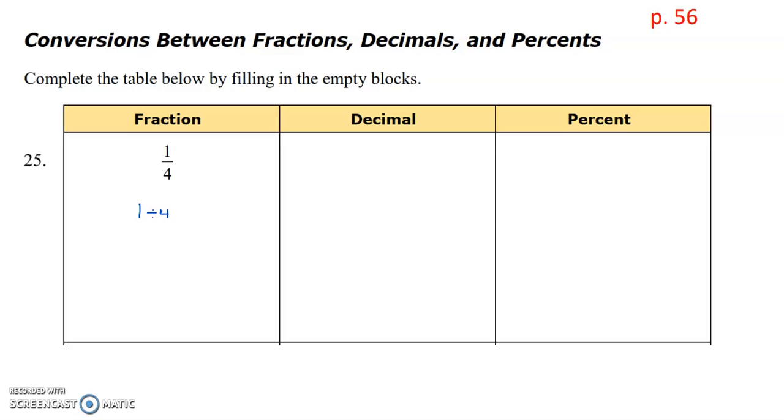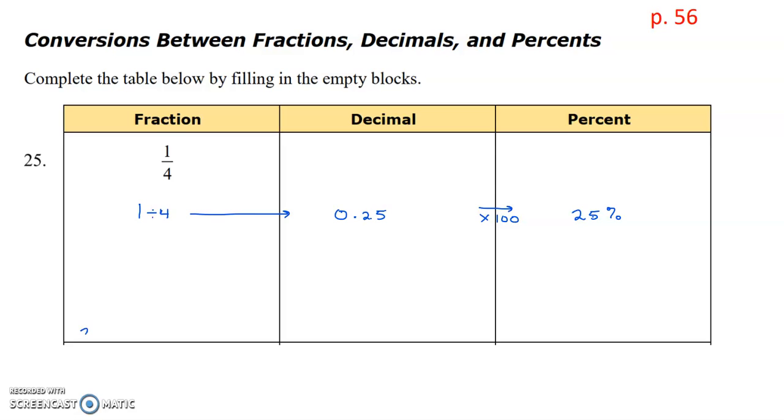So 1 divided by 4 is going to equal 0.25. From a decimal to change to a percent, we are going to multiply by 100. And 0.25 multiplied by 100 is going to give you 25%.